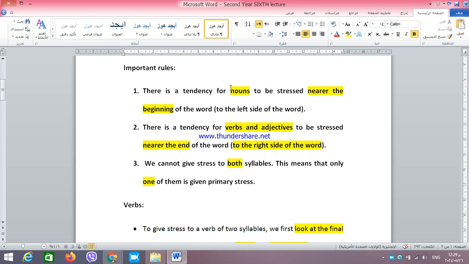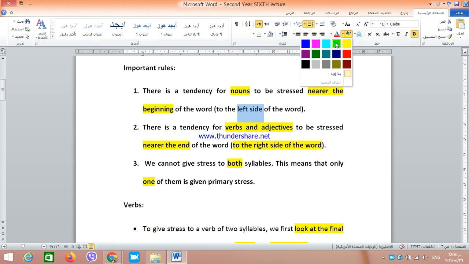So in the case of giving stress to nouns, there is a tendency, that means it's often the first syllable, or the syllable that is near the beginning, to the left side of the word, that syllable is often stressed.